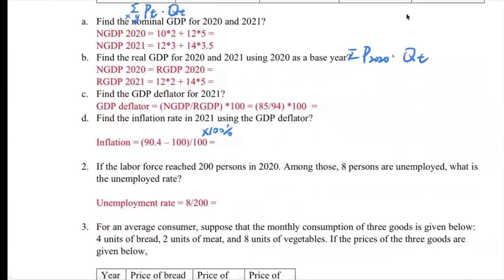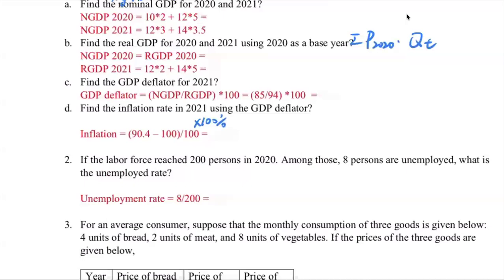So here, question 2: if the labor force is 200 and 8 persons are unemployed, what is the unemployment rate? It's just using our formula: the unemployed quantity divided by the labor force, right?